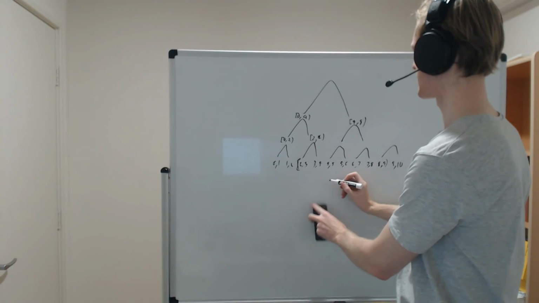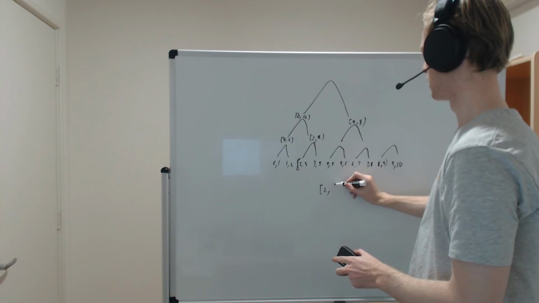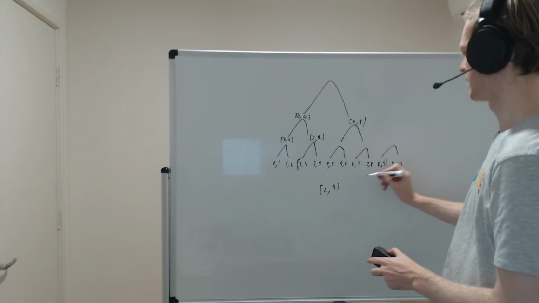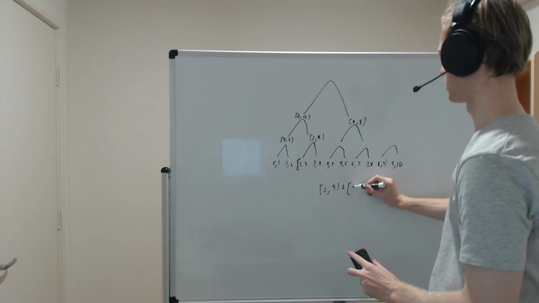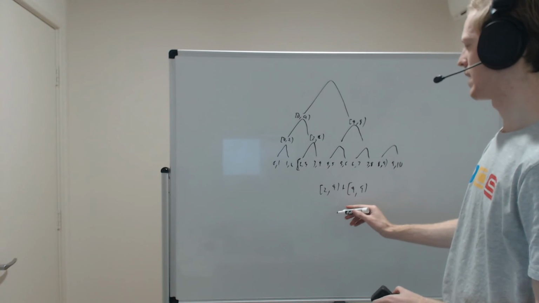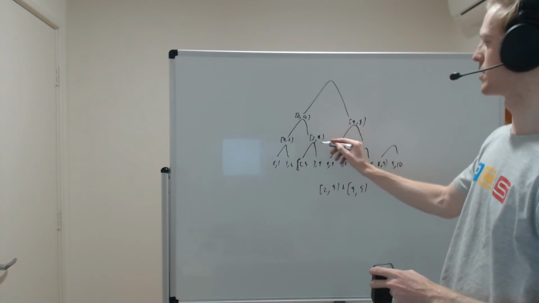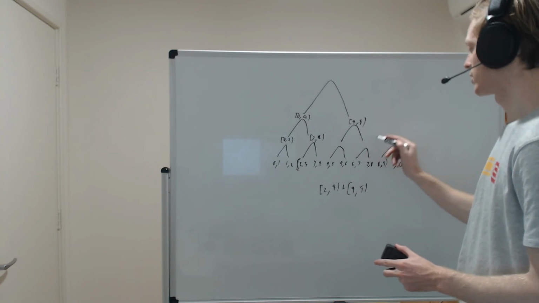So we're going to rewrite this as from 2 to 4, and then plus from 4 to 9. And so we know 2 to 4 is already in the tree, so we're done. 4 to 9 is not in the tree though.